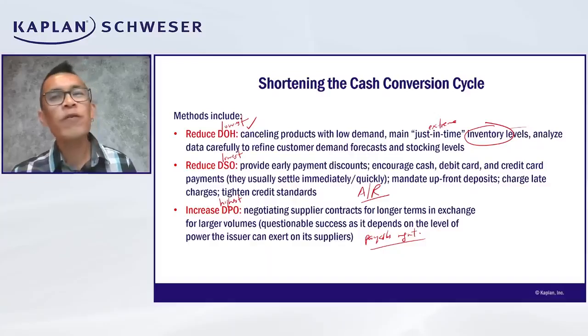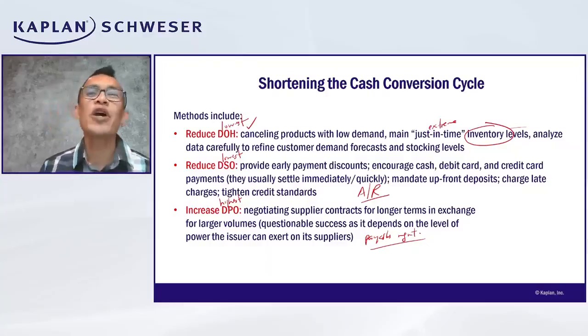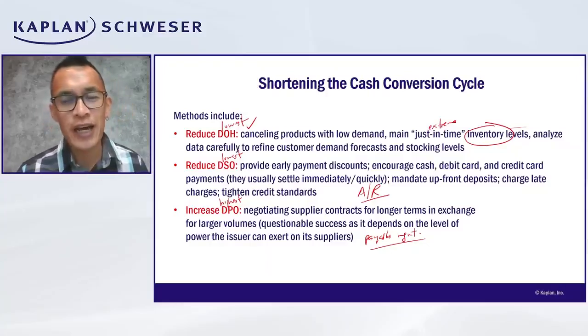Right? So forgetting about the usual incentives such as early payment discounts as discussed earlier, the general idea here is to delay payment for as long as possible to conserve cash. But obviously you don't want to annoy your supplier either, so there's a little bit of negotiating involved here.